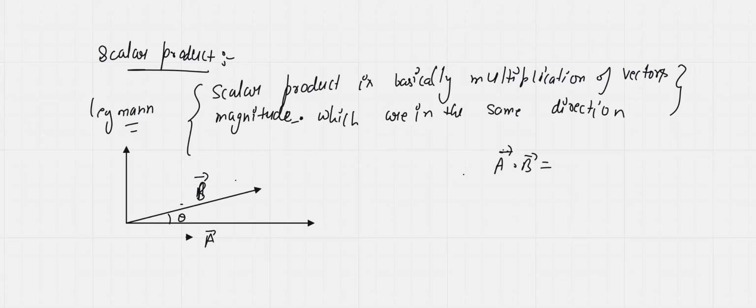Okay, this is your perpendicular component, and this is your base component. Let's make it this side. Assume here this is your base component. Okay?